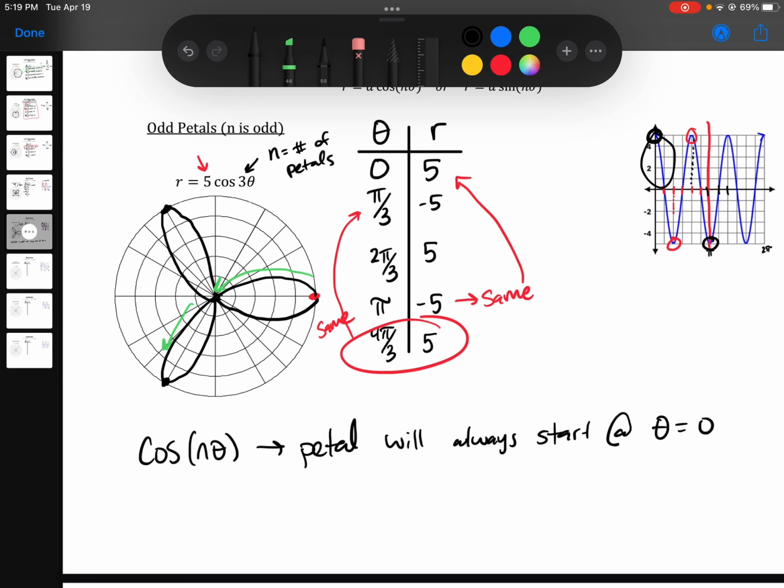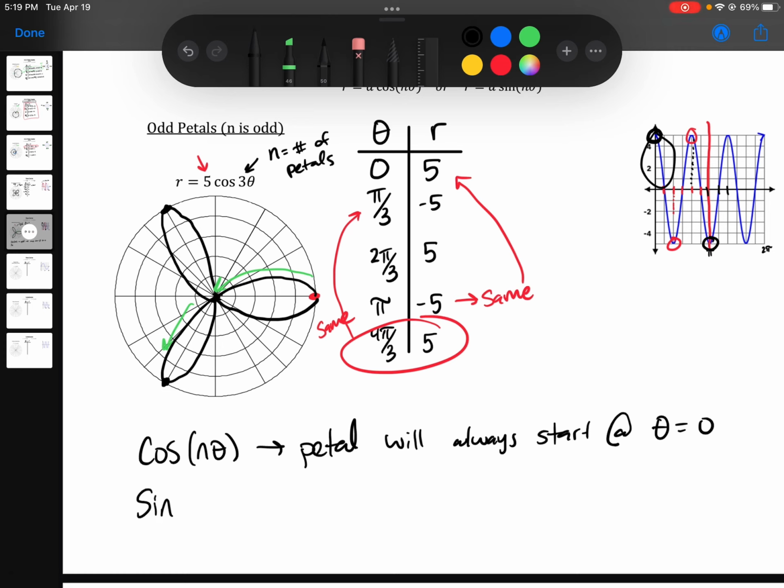And there's a reason for that. If you plug in 0 for theta, it doesn't matter what n is. So if I do cosine of n times 0, you'll get cosine of 0. Cosine of 0 is always 1, so you're just going to be taking your a value and multiplying it by 1, and you'll get the full length of the petal. Okay, so cosine will always start at 1.